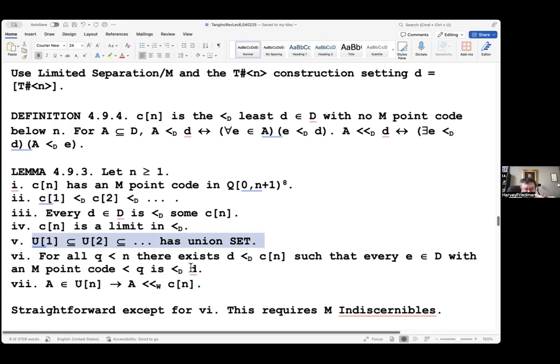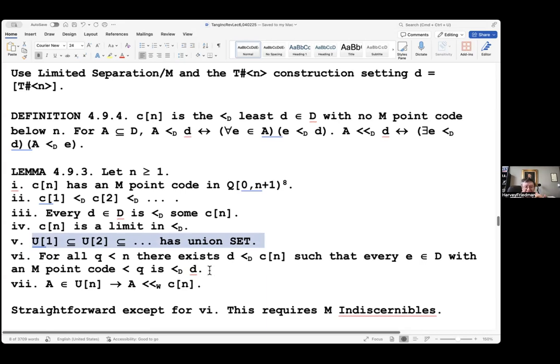Now, for every q less than n, there exists a d less than c of n, such that every e less than d with an endpoint code less than q is less than d. And I think that requires the indiscernibility to prove. You get that. And if A is in U of n, then A is much below C of n.